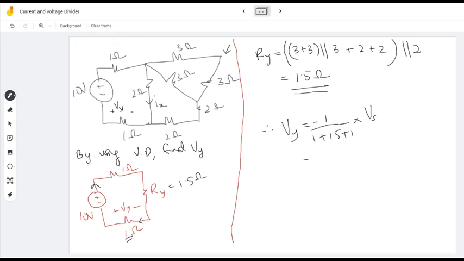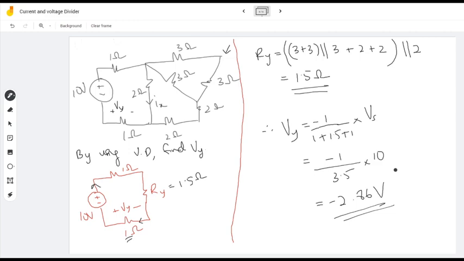Don't forget the negative because it is negating. So you put into your calculator 1 divided by 3.5 times 10, and it gives you negative 2.86. What's the unit?